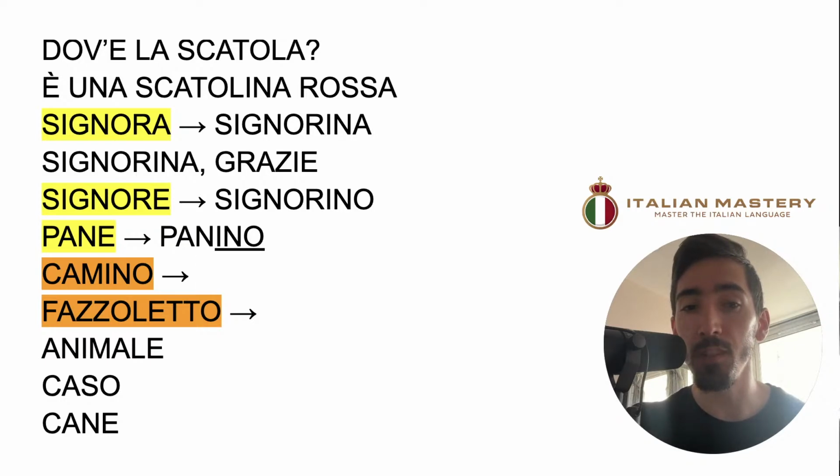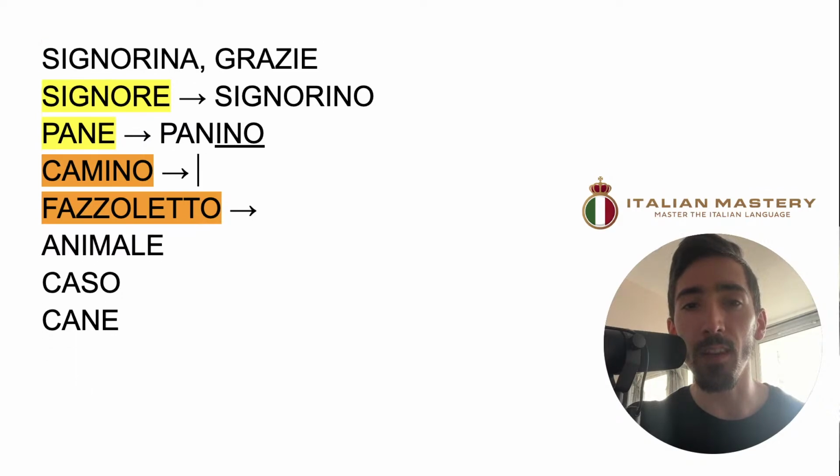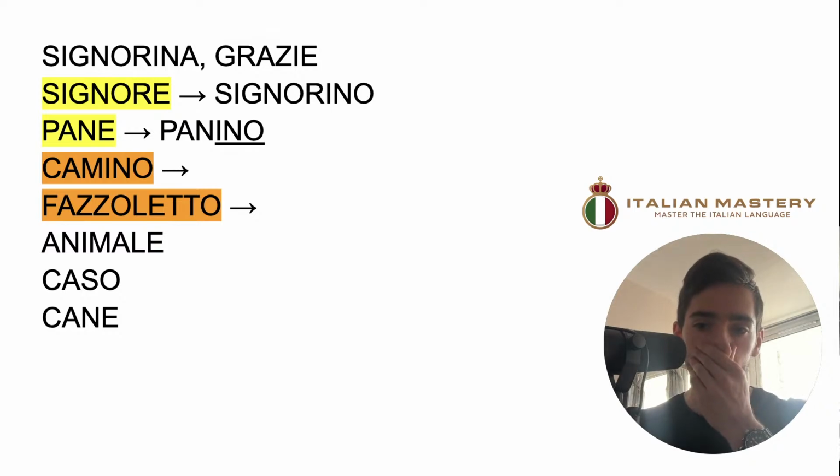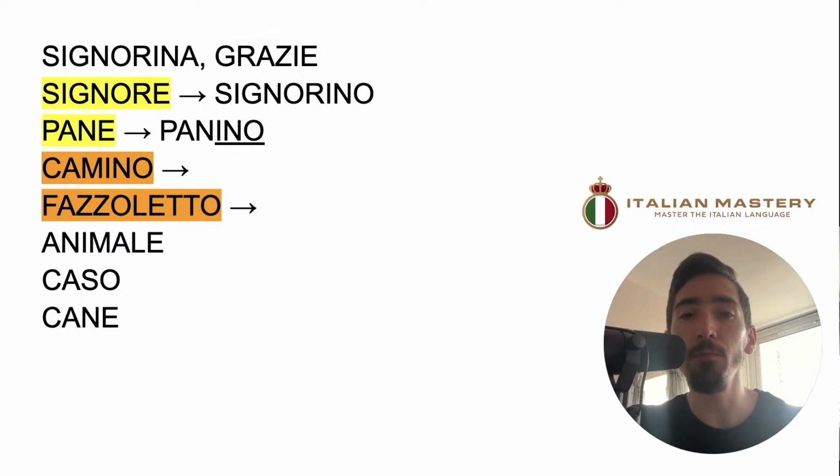Common words. These are all very common words. All of the words in this set of examples. So, caminino or caminetto. Caminino. So we have two caminino.